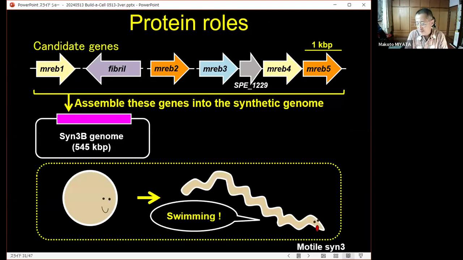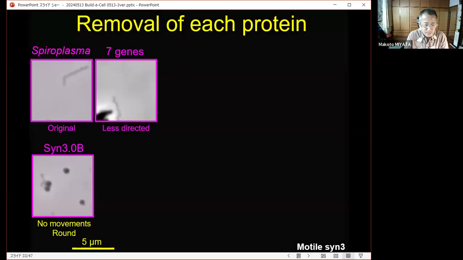Next, we focused on the roles of the individual proteins. We stopped the expression of individual proteins genetically. This is the original spiroplasma cell video, this is the swimming SYN3, and this is the original SYN3.